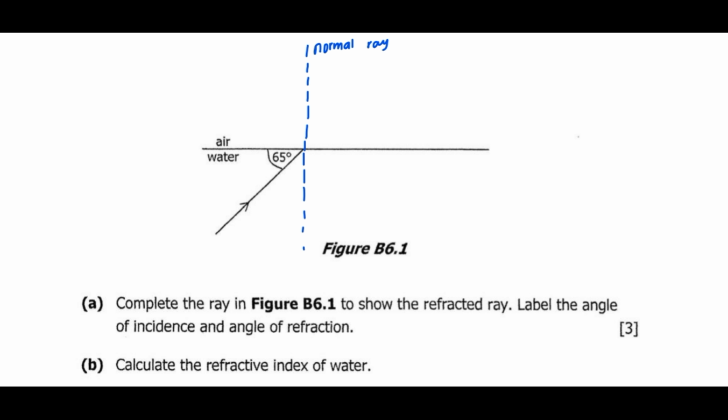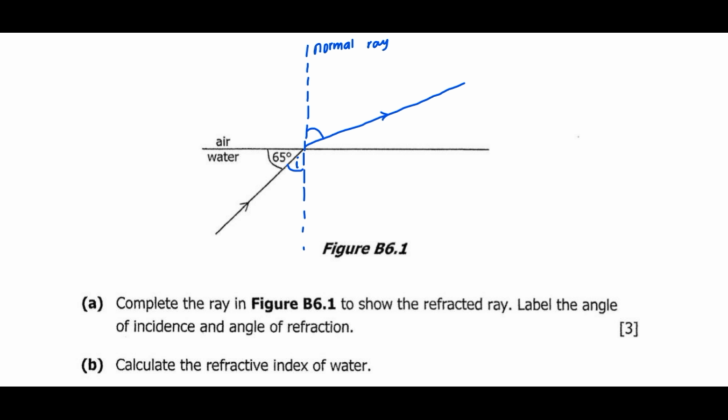Now we can see that the density of water is greater than the density of air, so the ray of light is moving from a more dense medium into a less dense medium. So what will happen to light? Light will bend away from the normal ray. So the angle of incidence will be this angle.